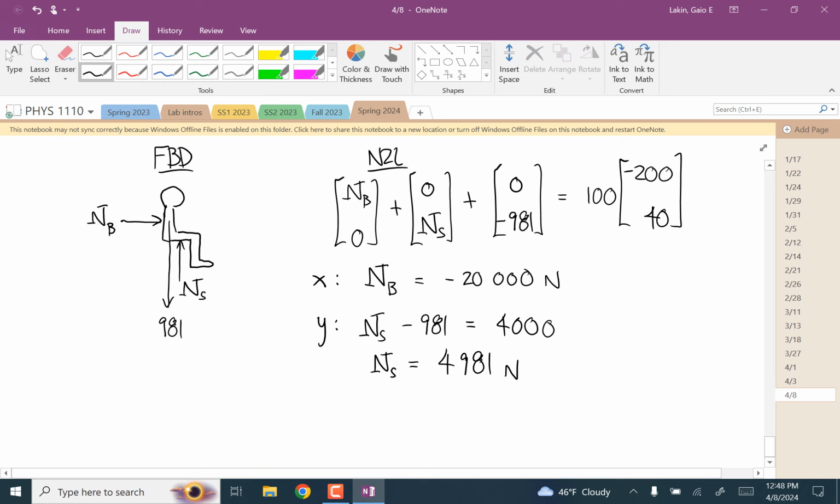So what that's saying is as the plane is slowing down, the horizontal force that has to be applied to this pilot is the restraints pushing in the negative x direction or pulling in the negative x direction. So this really would be the pulling by the seat belt.